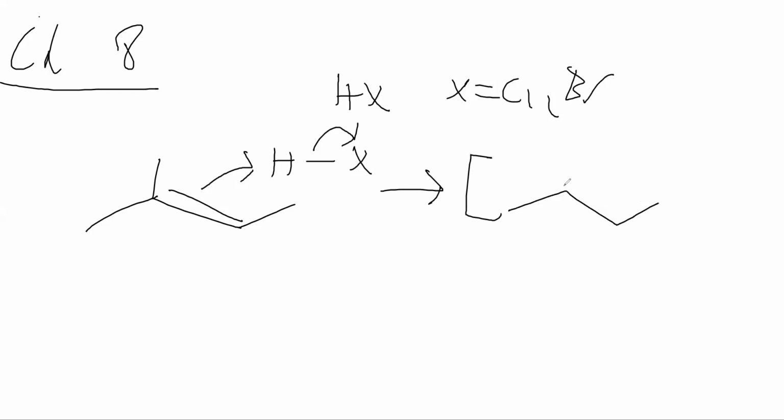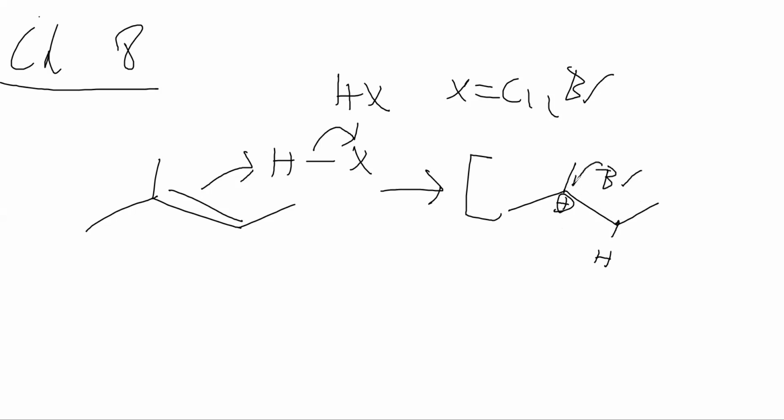So this forms an intermediate. We get this cation forming, and that forms because that is the tertiary cation versus secondary if it attached where this hydrogen is. And like I said with Markovnikov's rule, that's the more stable cation, it forms faster, so that's why this intermediate forms.